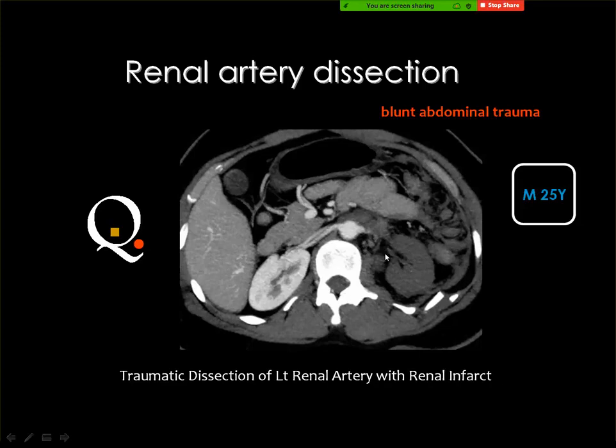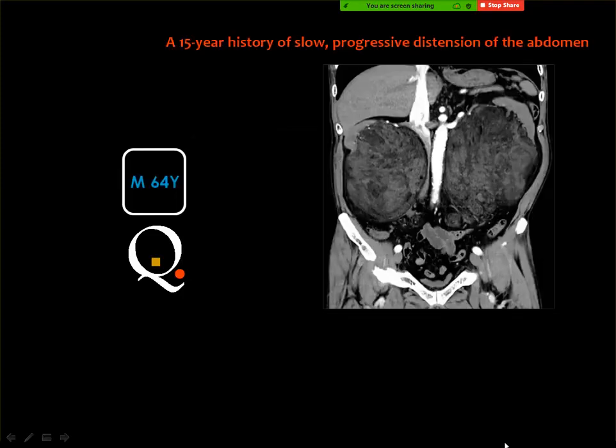Avulsion of the left renal vascular pedicle on the left side with dissection of the right renal artery. See the dissecting intimal flap? Both conditions are due to traumatic insult. Oncocytoma. No, oncocytoma is solid.